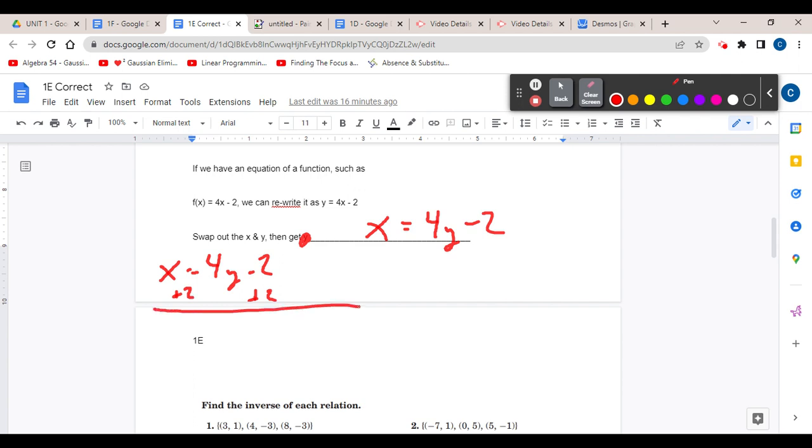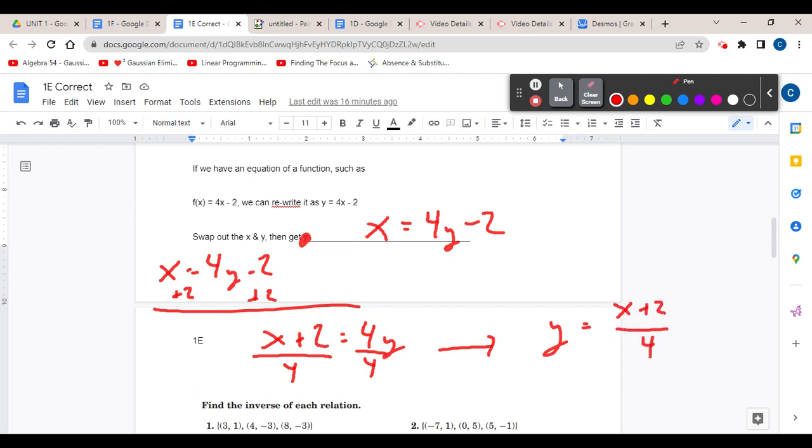Then we have x plus 2 equals 4y. We divide by 4. So the inverse function is y equals x plus 2 all over 4. We may end up simplifying it more.